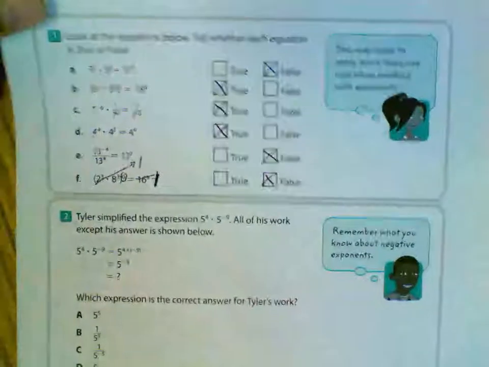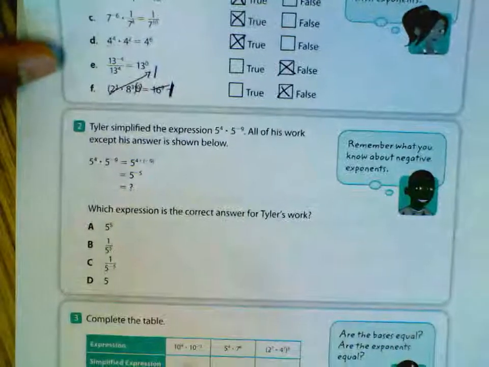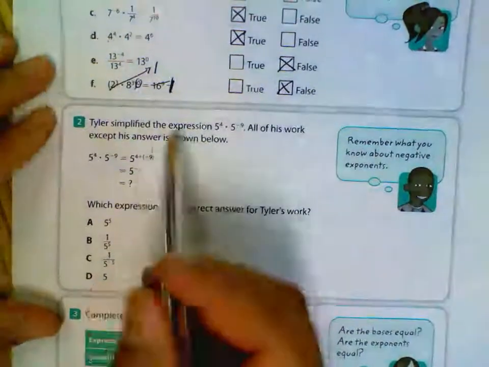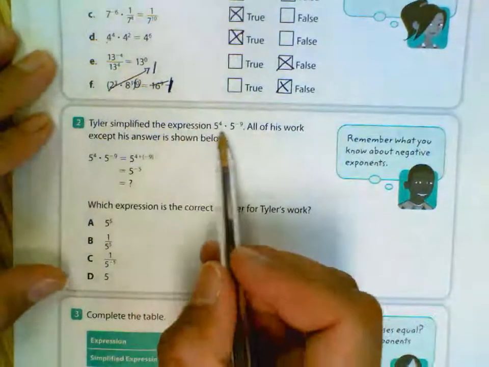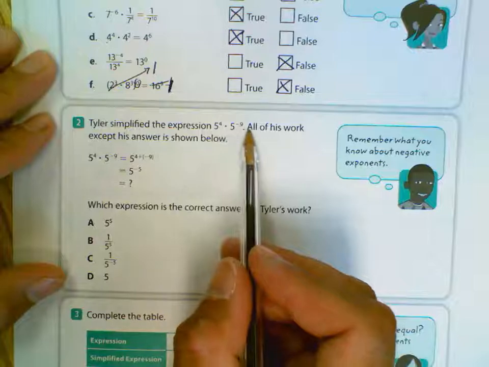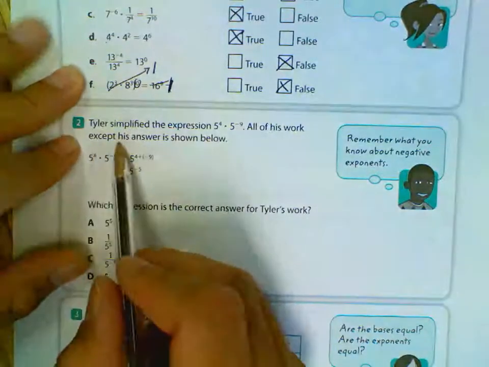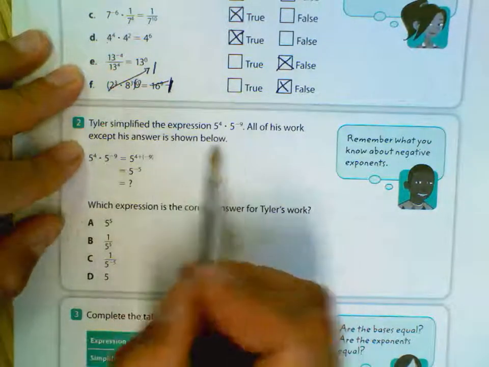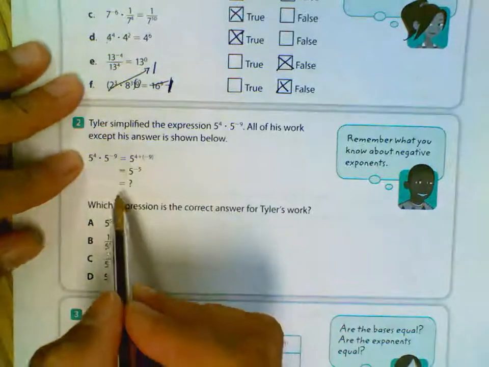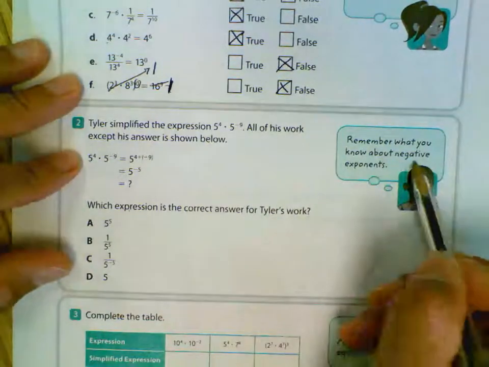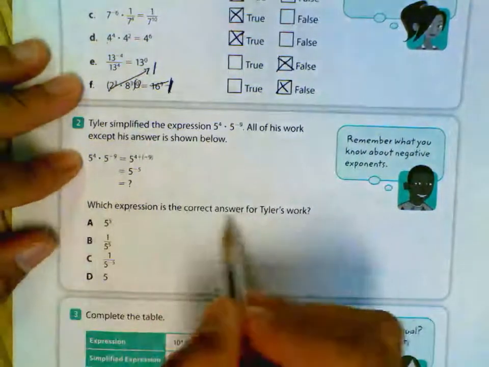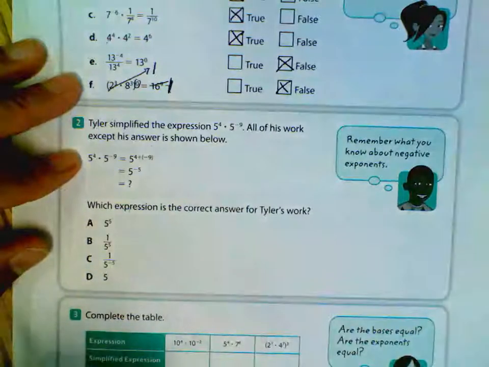Number 2, on page number 9, I have that Tyler simplified the expression 5 to the 4 times 5 to the negative 9. All of his work except his answer is shown below. Remember what you know about negative exponents. Which expression is the correct answer for Tyler's work?